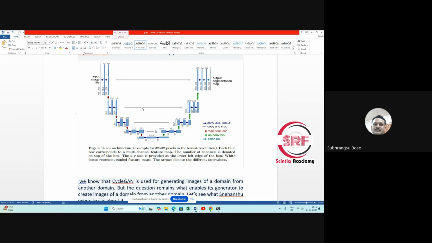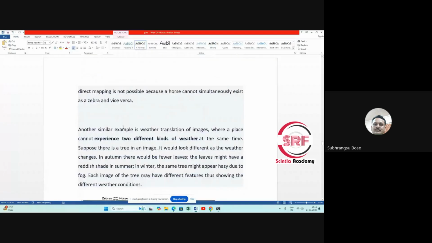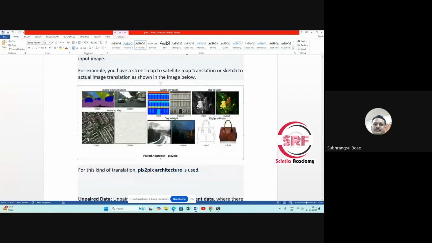Apple to orange, different domain. Summer to winter, different domain. That is the unpaired condition. But in the paired condition, the same sketch converts to the real one. This is a white butterfly, just change its color. This is paired data.